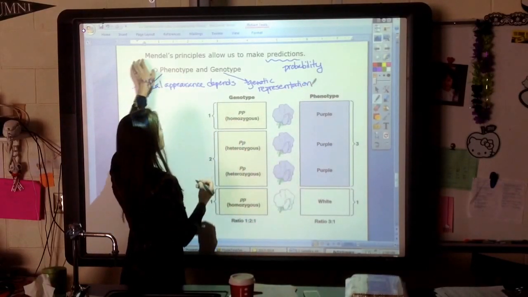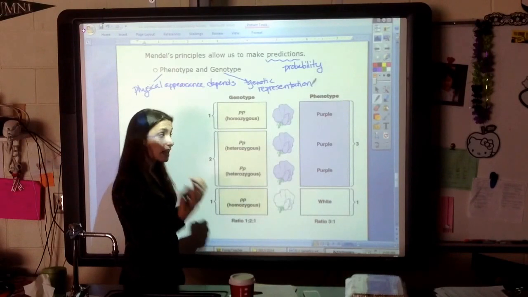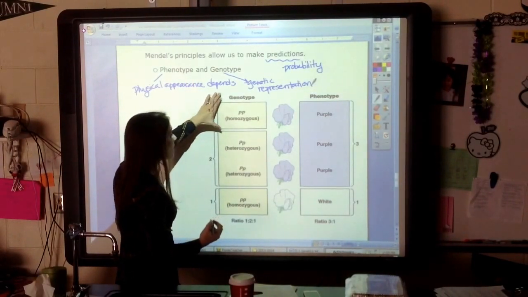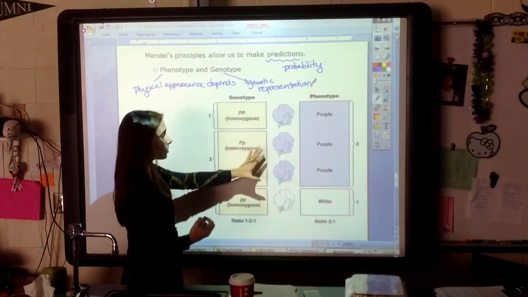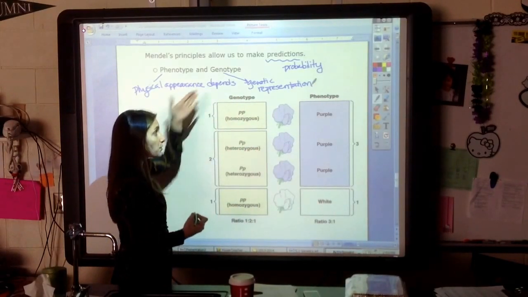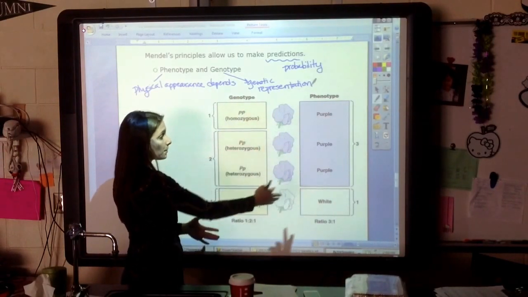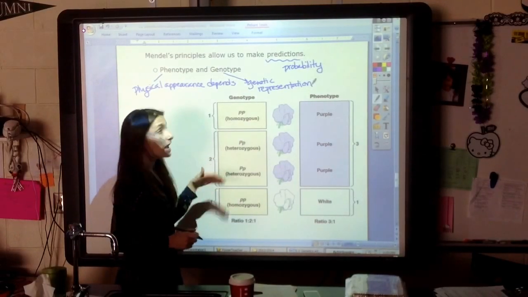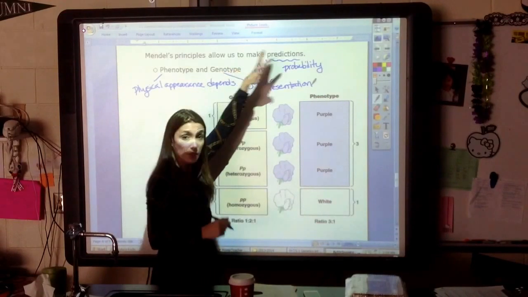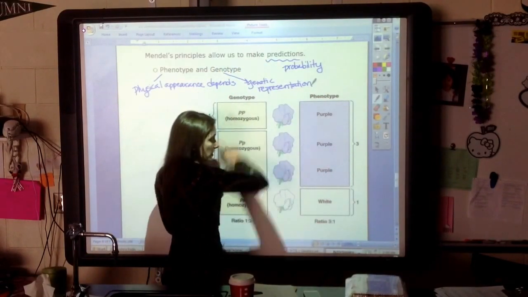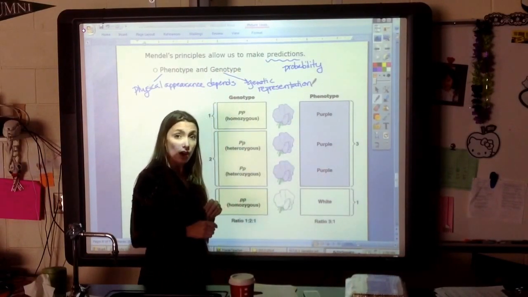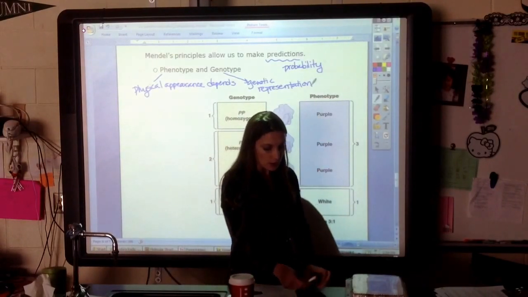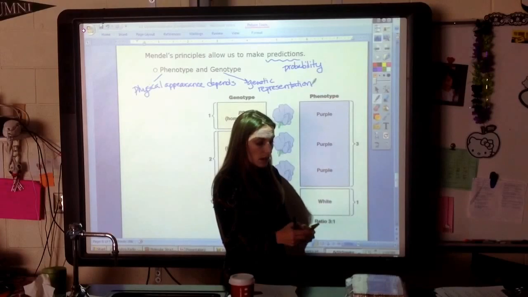And all of this is because of Mendel's principles and the Punnett square. So what we see here, this picture, is actually reminding you the differences between genotype and phenotype. You should be able to work backwards and actually predict what the parents were if these are the ratio of the offspring. And so I just want to take a moment and help you remember how to work backwards in these problems.